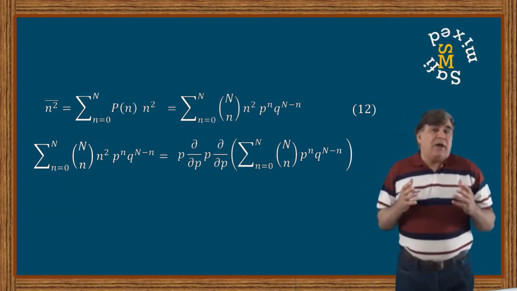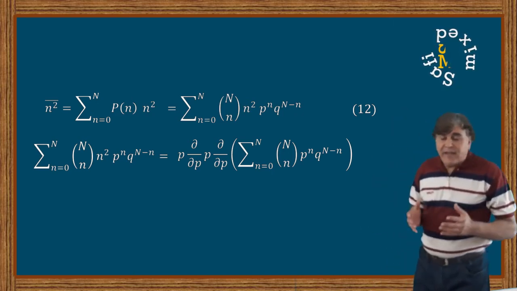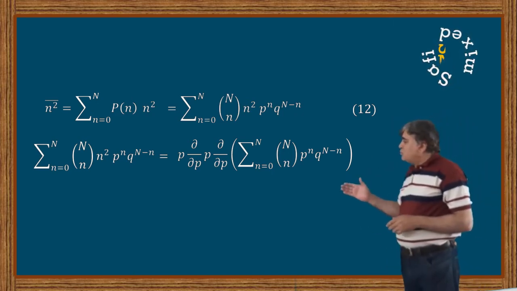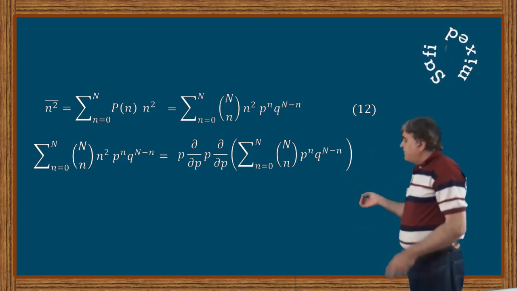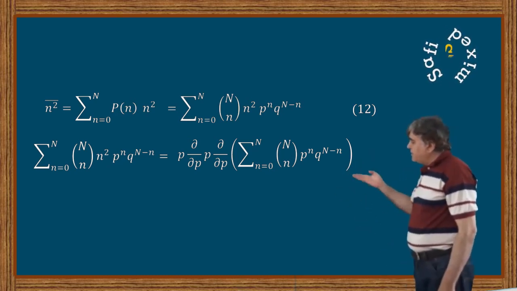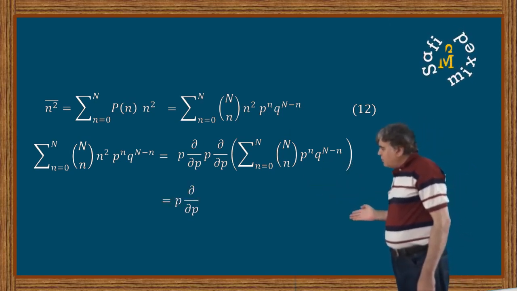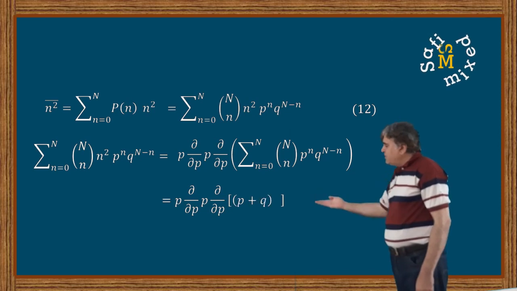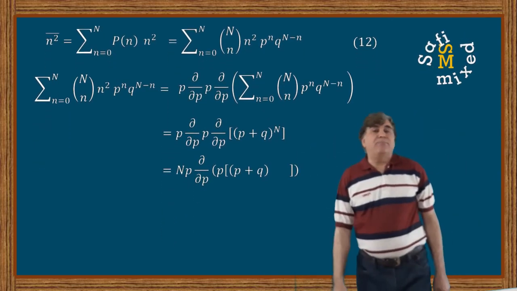And again, writing the probability in terms of p plus q raised to the power capital N and applying the derivatives with respect to p, I can carry the calculation as in these two steps and can write the final equation into this one form.